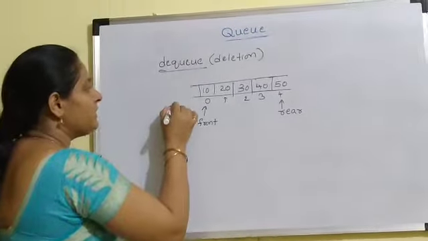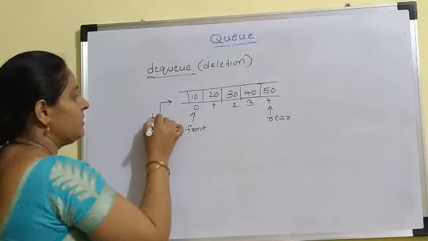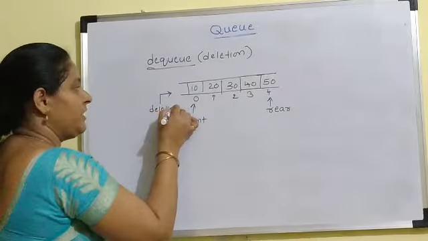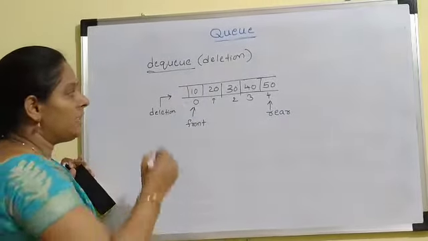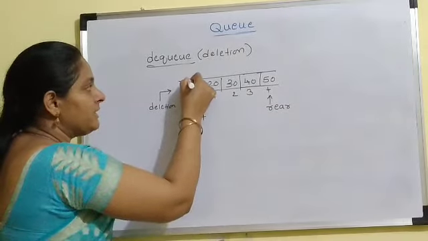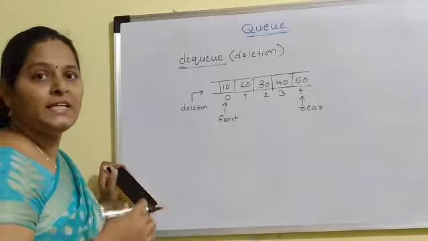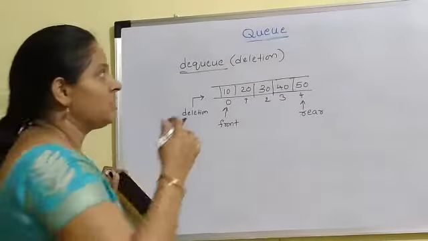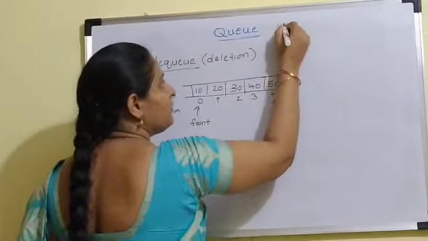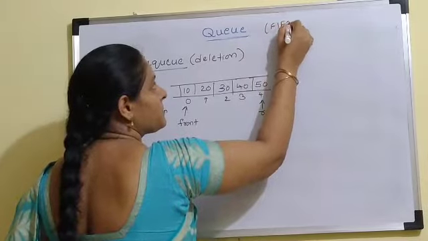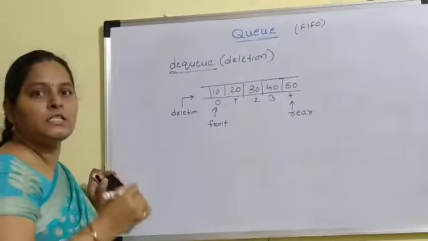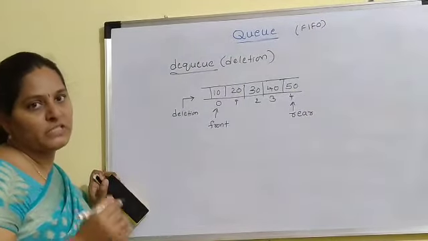Now here the deletion will be done from the front end only. If you want to delete an element from the queue, we can delete it from the front end because the queue follows the FIFO principle. First inserted element will be removed first.